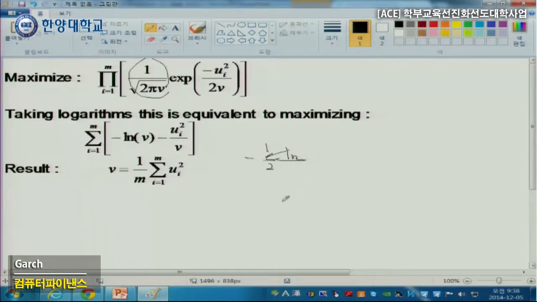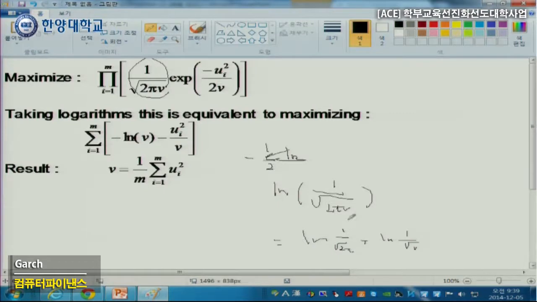So it is ln of 1 over 2 pi, plus ln of 1 over v, right? Then this is constant.